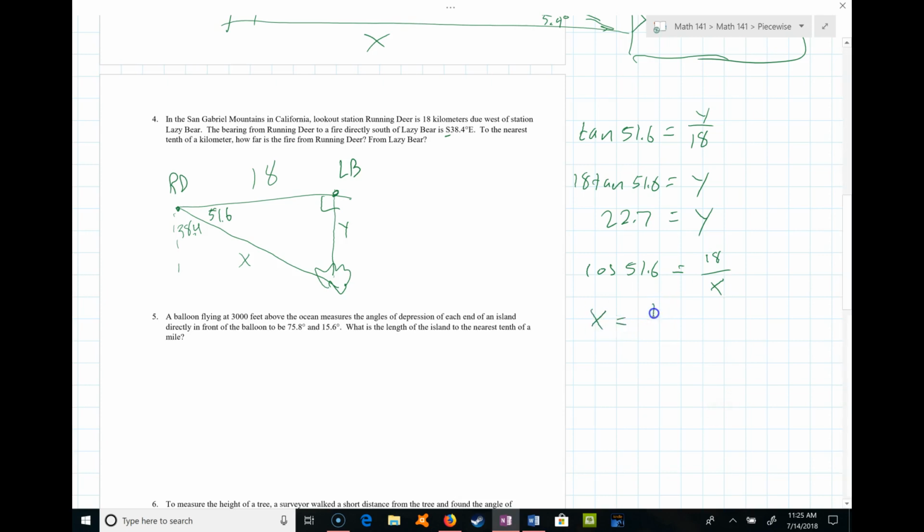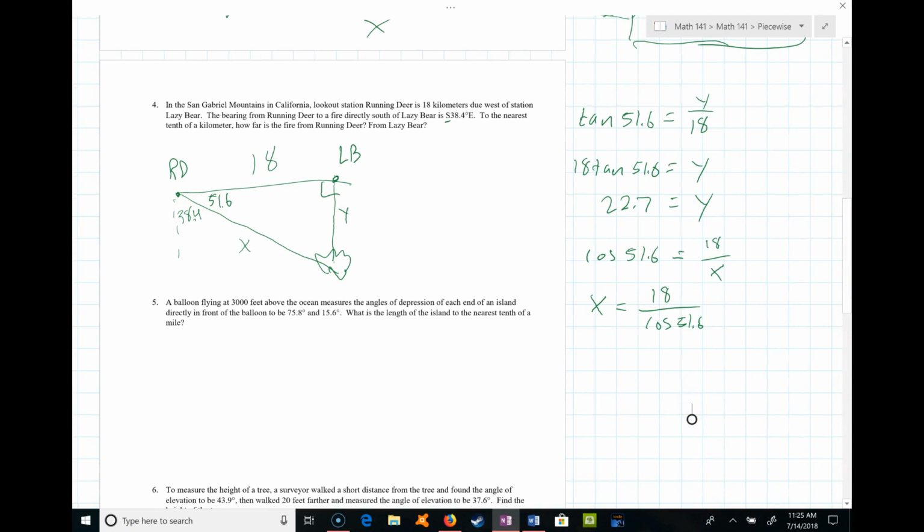So you end up with x is equal to 18 over cosine 51.6. So then I go calculator, 18 divided by cosine of 51.6. And I get that x is 29, actually, 29.0. Okay.